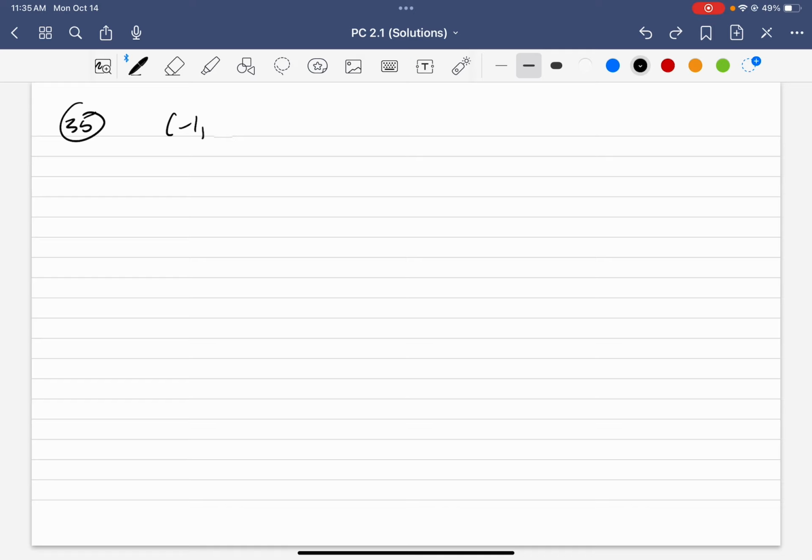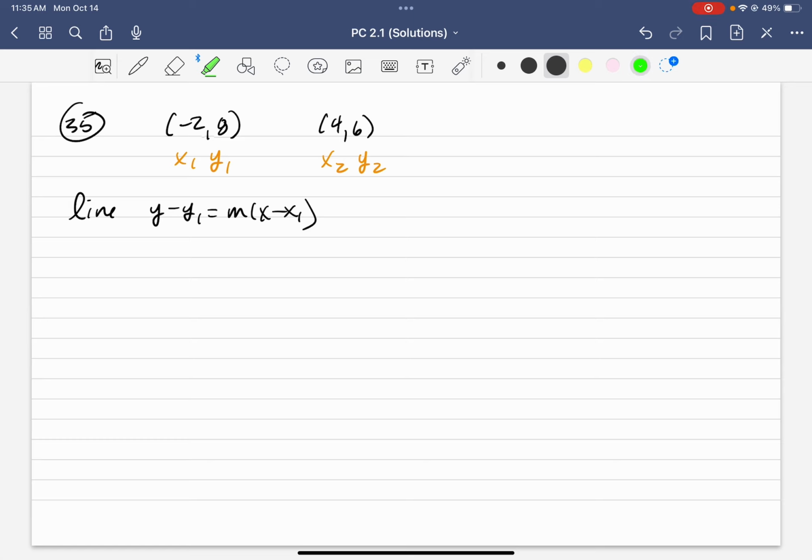Okay, so 35 is -2/8, and it's 4/6. So I'm going to very carefully label my x1, y1, and my x2, y2. And so since they want the equation of a line, I write it down. I plug in my y1 and my x1.